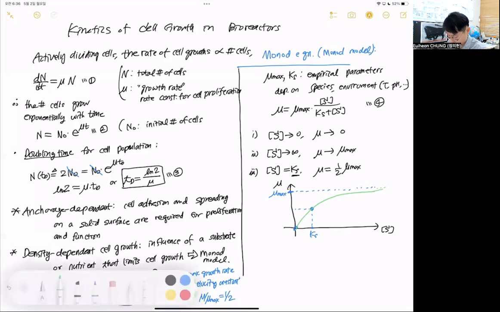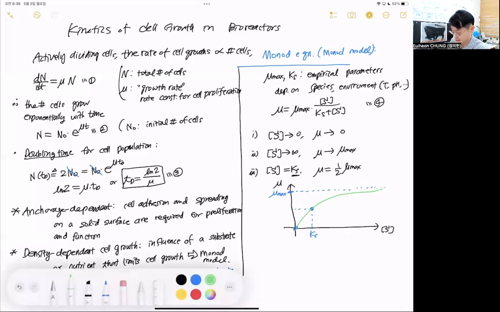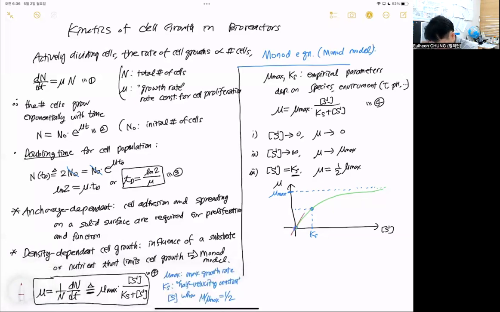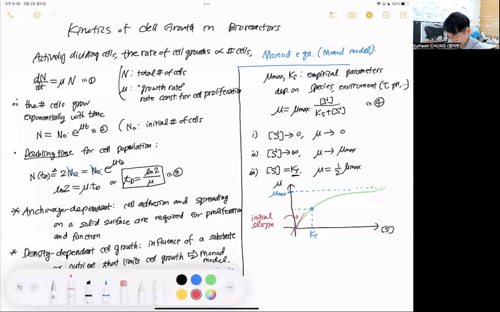Another aspect of analyzing this is the initial growth rate change with respect to the substrate, so it's an initial slope. We can consider this from the calculus point of view.